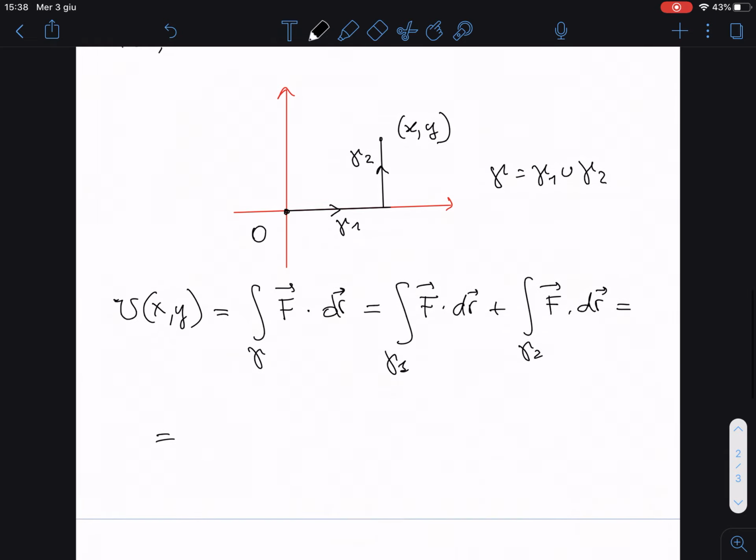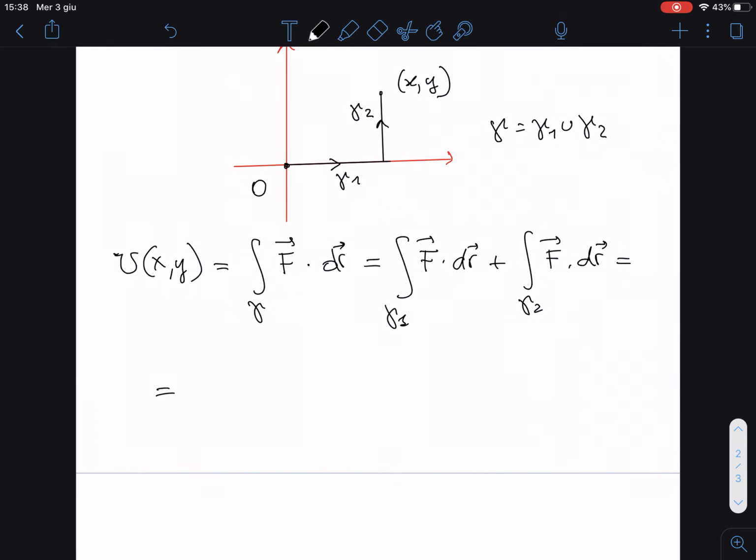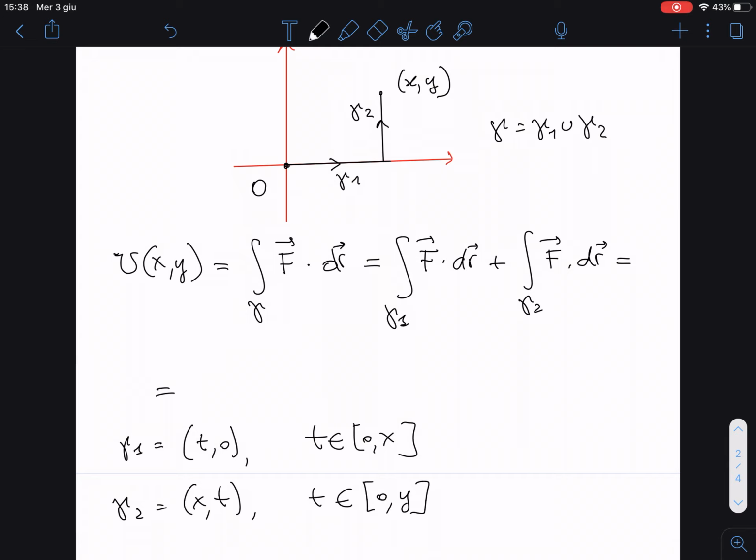And so on the curve gamma 1 we can use the parametrization since only x is varying, so we have (t, 0) with t in [0, x], and gamma 2 is (x, t) with t in [0, y].